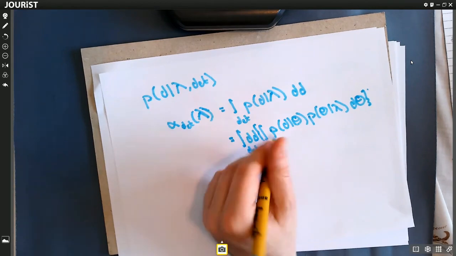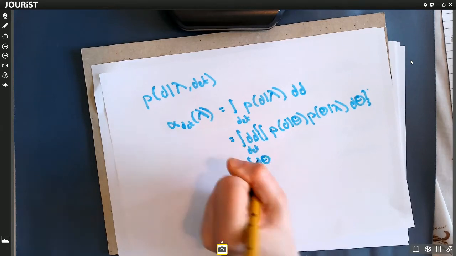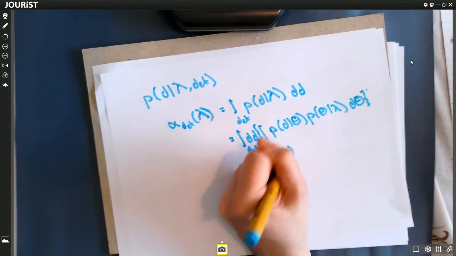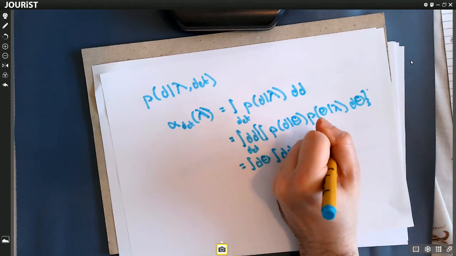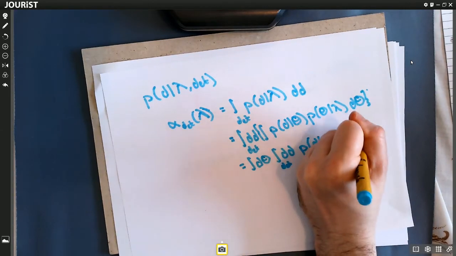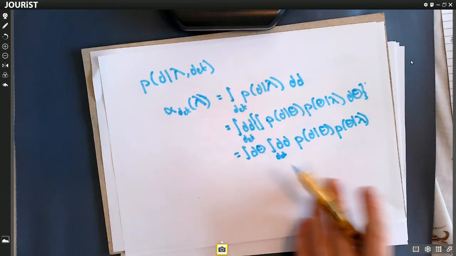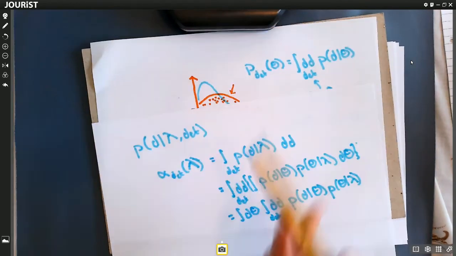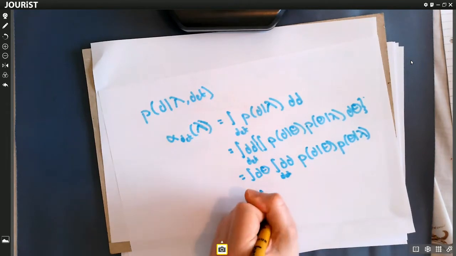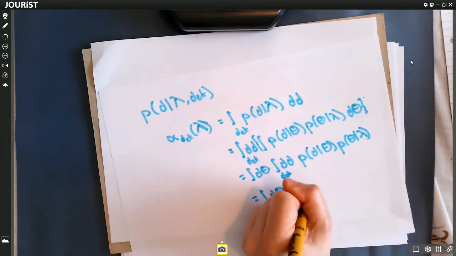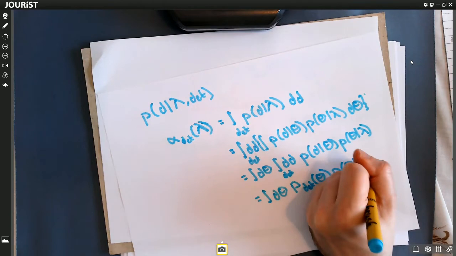We can now switch the order of our integrals. Integrate over d theta first, then integrate over all the different realizations of data of p d given theta, p theta given lambda. Okay, and this term here, hopefully you recognize, is p det. So this is the integral over theta of p det of theta times our prior over lambda.